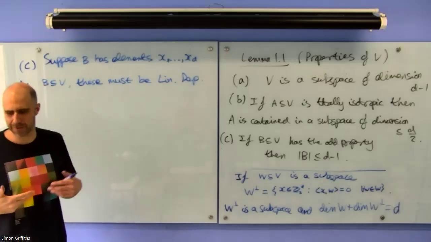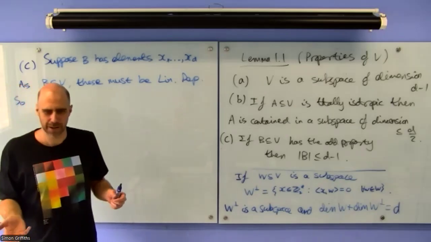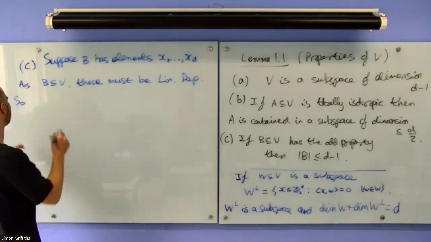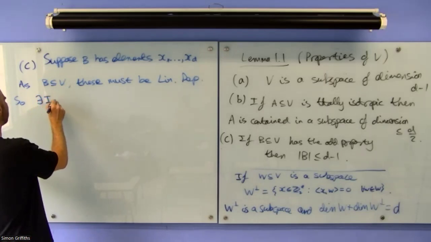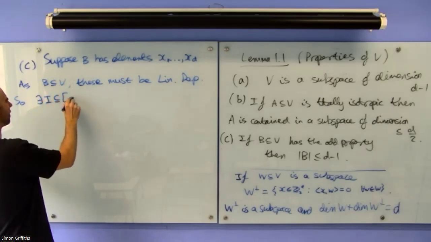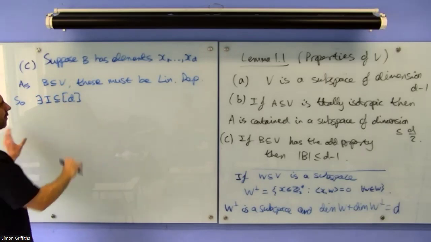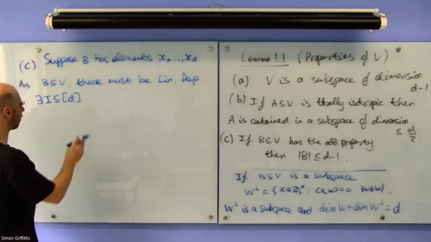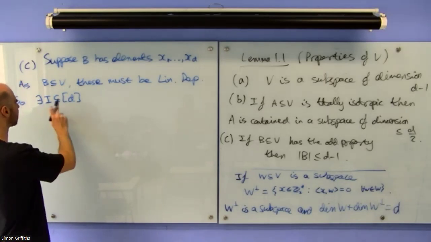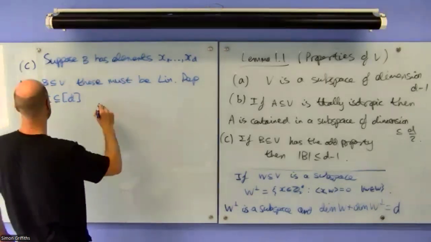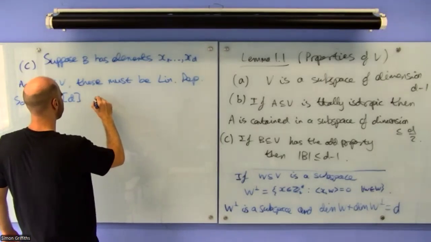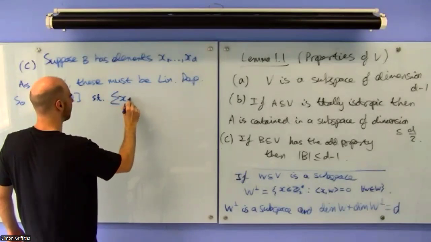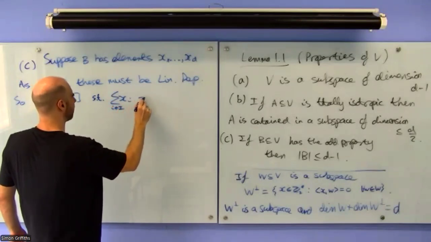So really, if x is linearly dependent, it means there's a subset of them that add up to 0. So there exists I, a subset of [D]. Brackets D means the first D integers; we'll often use this notation. Brackets N as well will be the first N integers. So there exists some subset of them such that the sum of xi over i in I is 0.